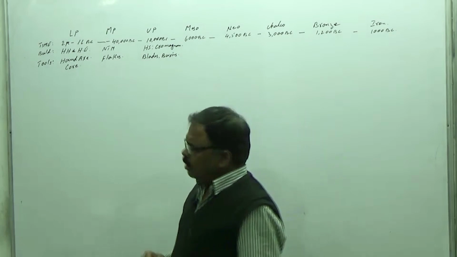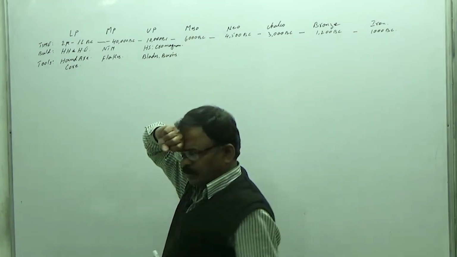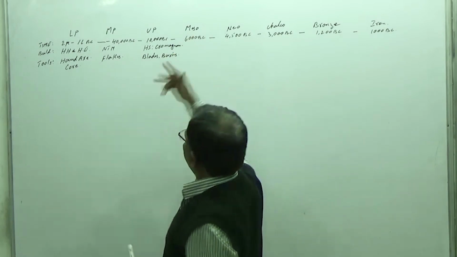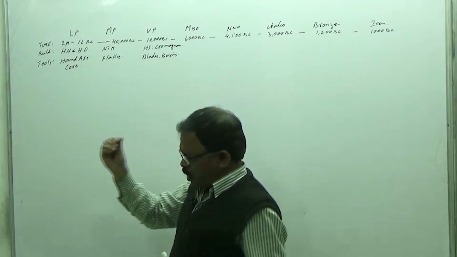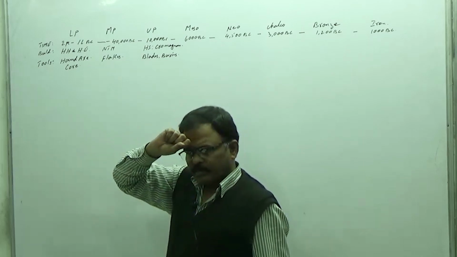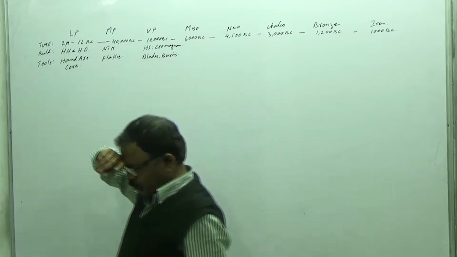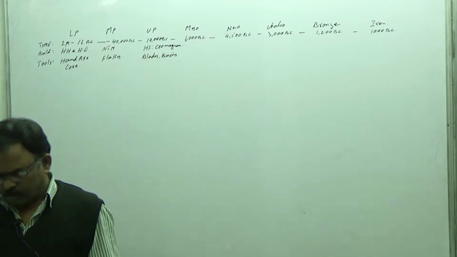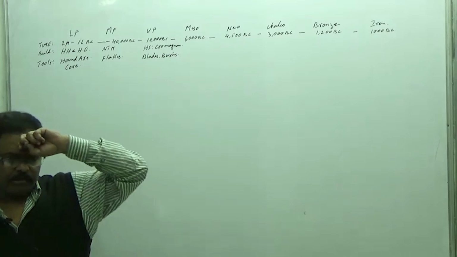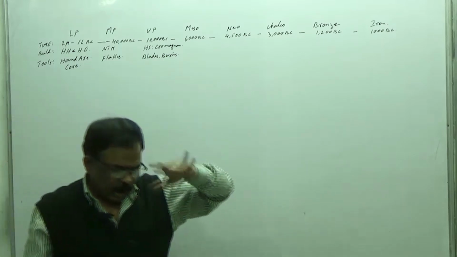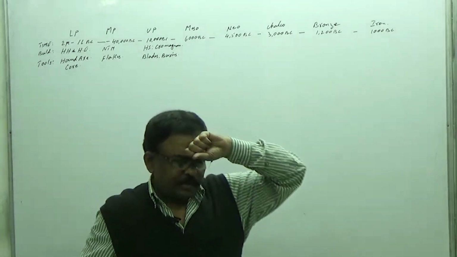Then in Mesolithic, man used small rock pieces. Particularly in the Pleistocene, the glacial period, almost 4 glacial periods are there.